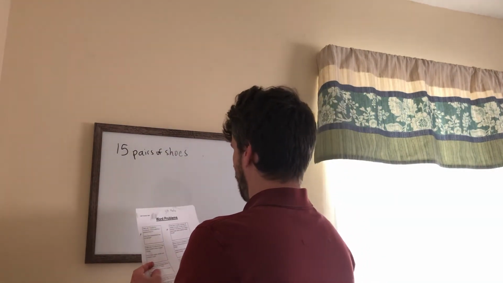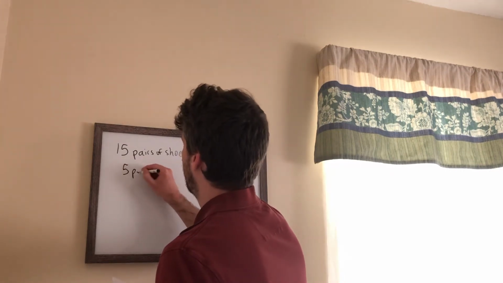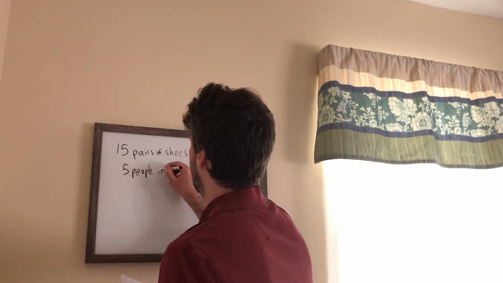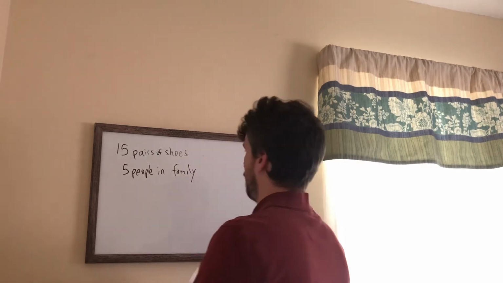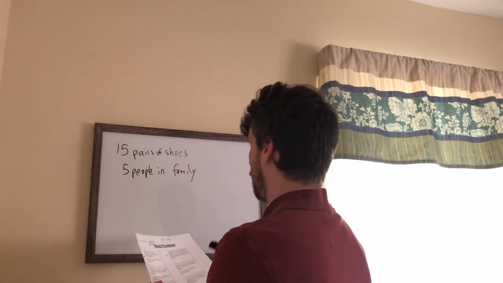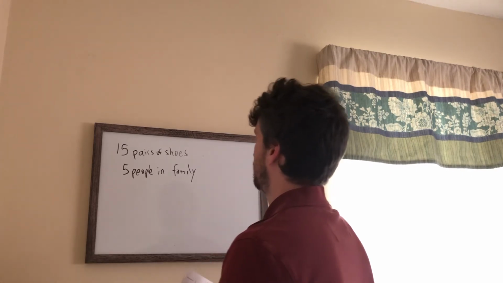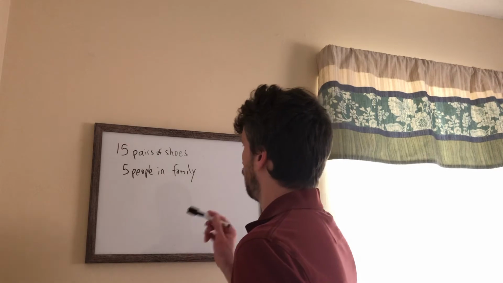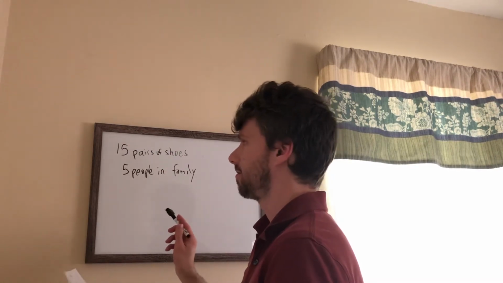If there are 5 people in his family, how many shoes does each person have? Okay, so what we have to do here is divide, actually I'm getting ahead of myself, sorry.